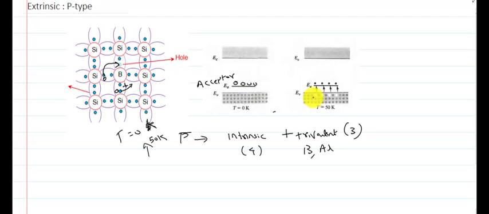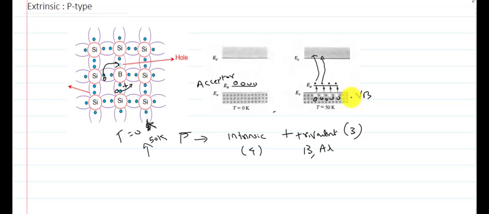So electrons from the valence band will move towards the acceptor level first. It will occupy the vacancy at the acceptor level. So there will be some hole formation in the valence band, and if we keep on increasing the temperature, again this electron will move towards the conduction band. At that time, more holes will be created in the valence band. So hole concentration is occurring at the valence band.